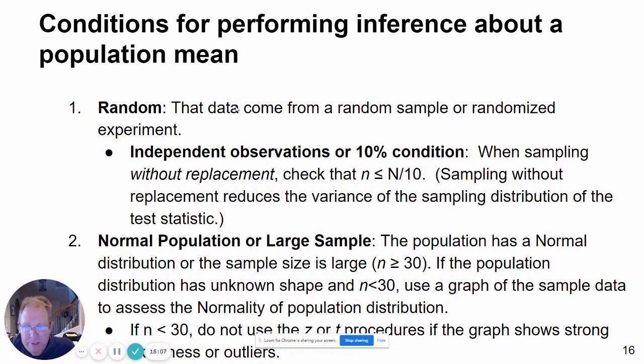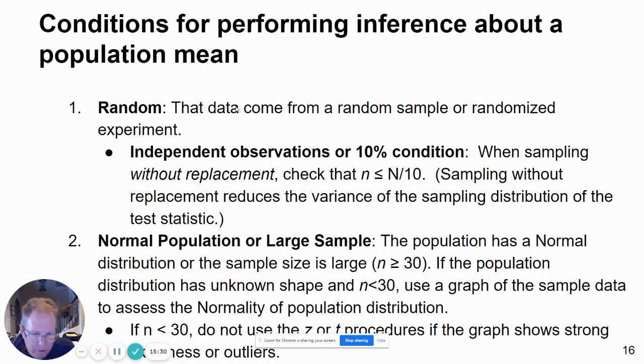If the population distribution is unknown and the sample size is less than 30, then you can use a graph of the sample data to assess the normality of the population distribution. So what types of graphs am I talking about? Box plot, dot plot, stem and leaf plot, histogram, they all work.